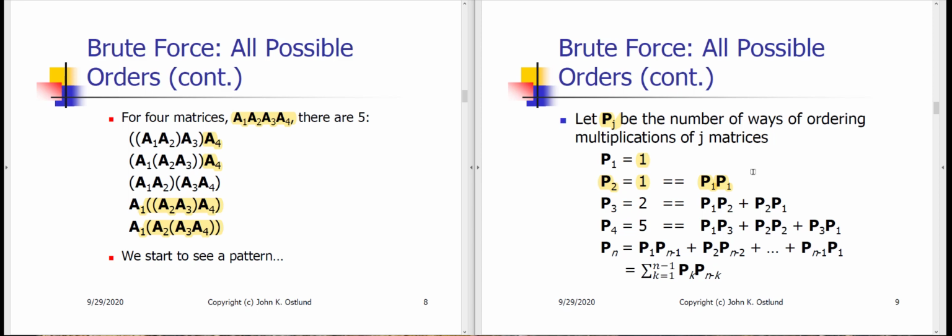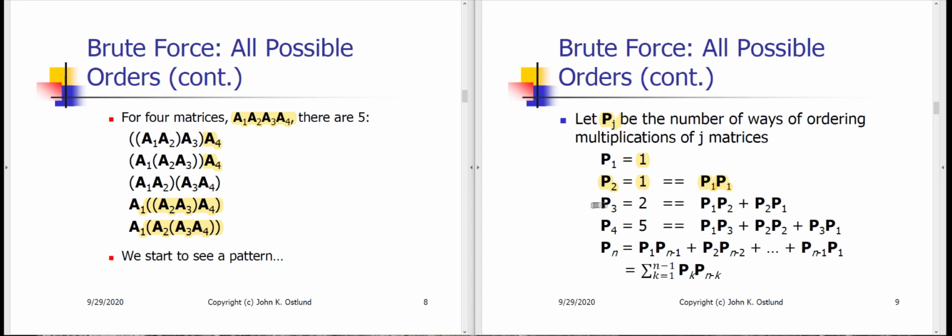Because if there's only one way of ordering one matrix, since matrix multiplication is not commutative, if we then have a second matrix, there's only one way of multiplying, there's one way of multiplying 2 matrices.